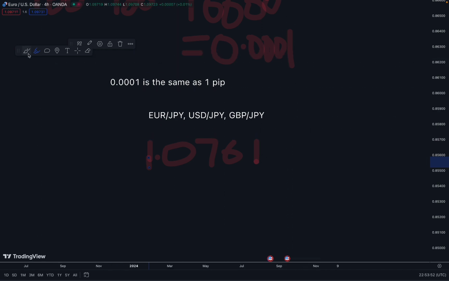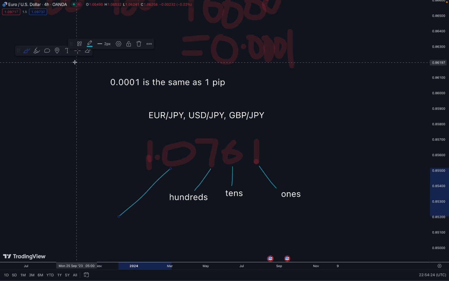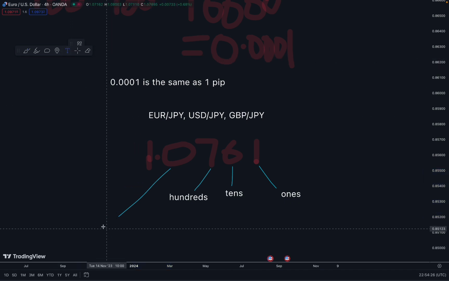And anytime there's a change in this one, there's a change of ones. With this, there's a change of tens. With this, there's a change of hundreds. And with this, there's a change of thousands.